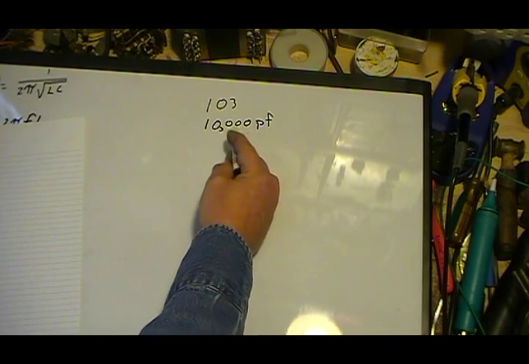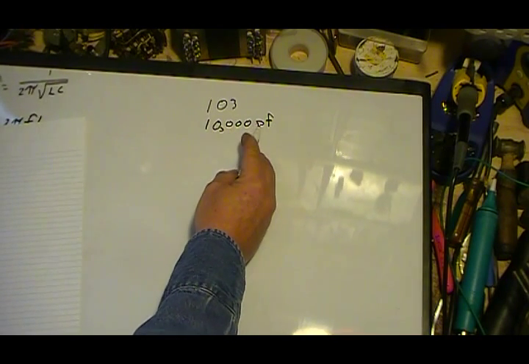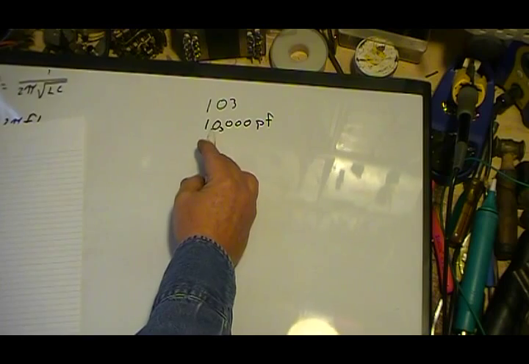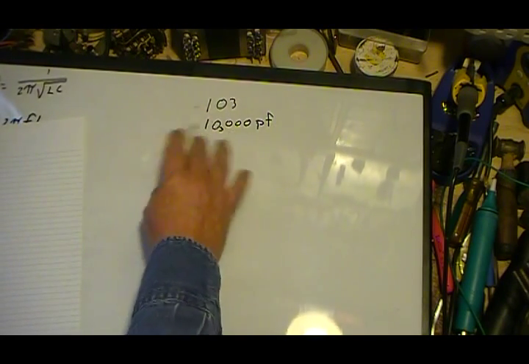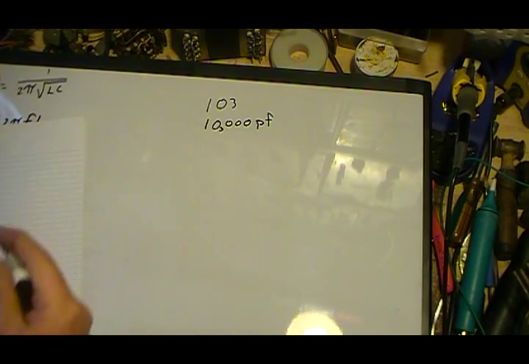Now if it was 104, it'd be 100,000 picofarads. You'd have 4 zeros. If it was 102, you'd just have 2 zeros, so it'd be 1,000 picofarads.